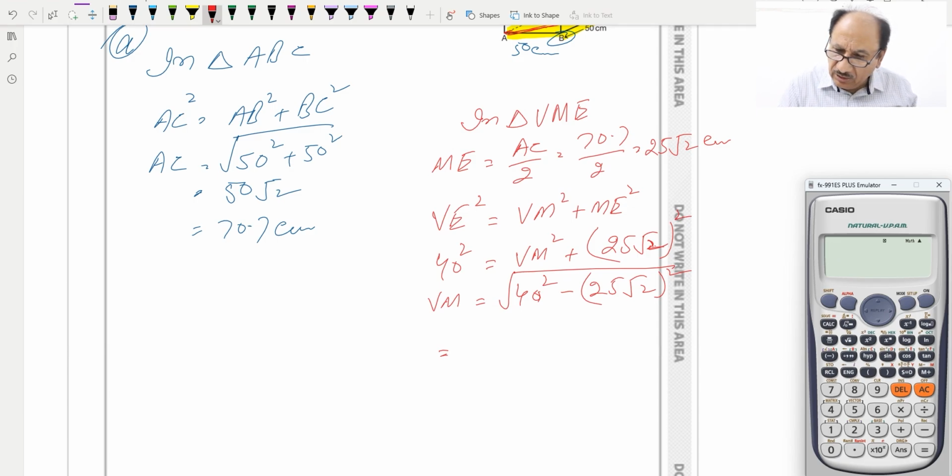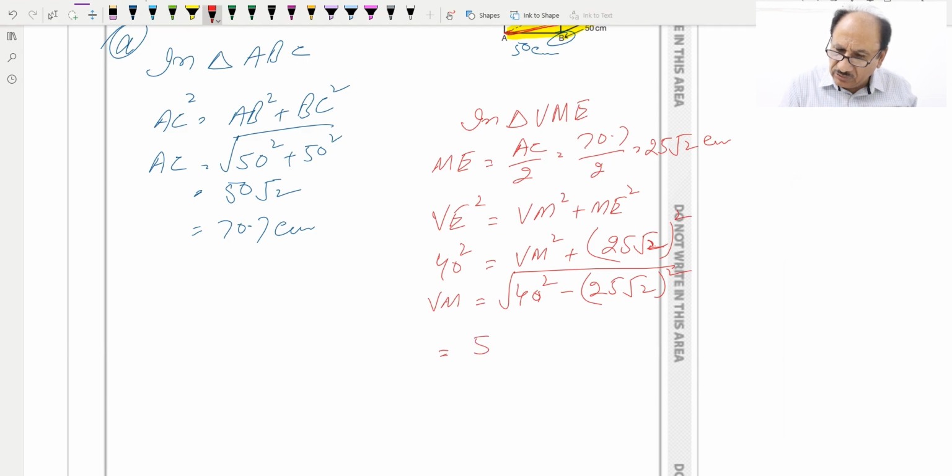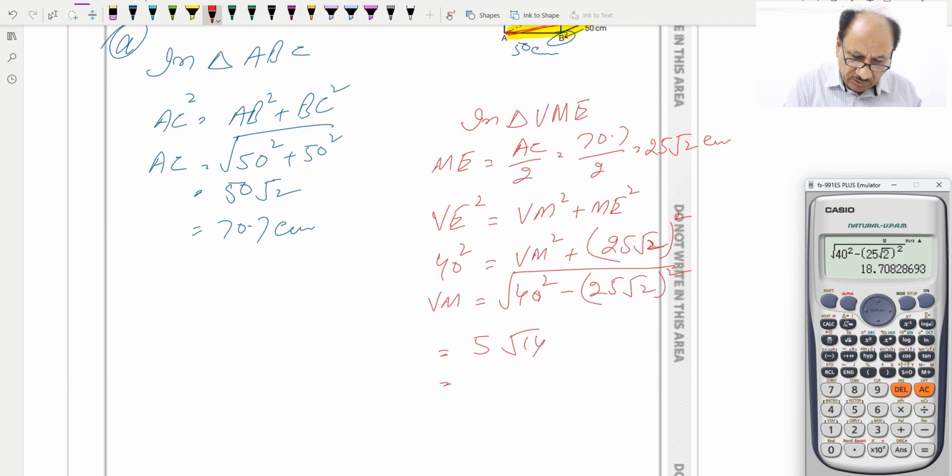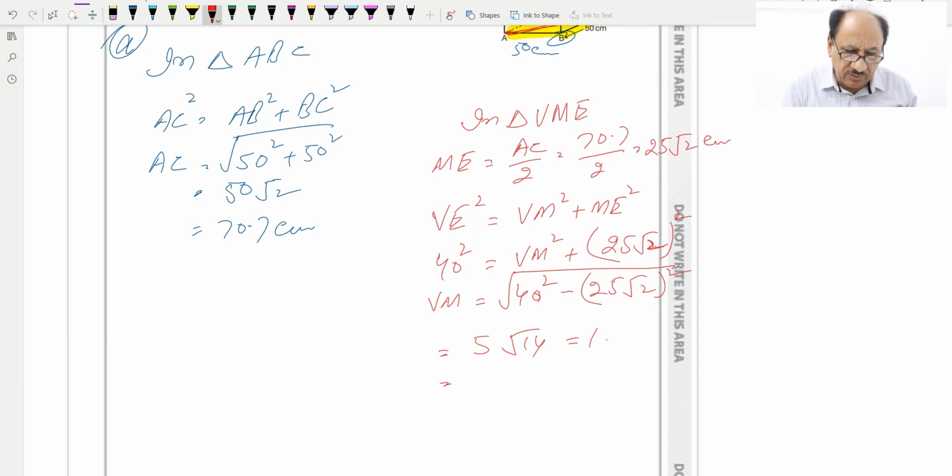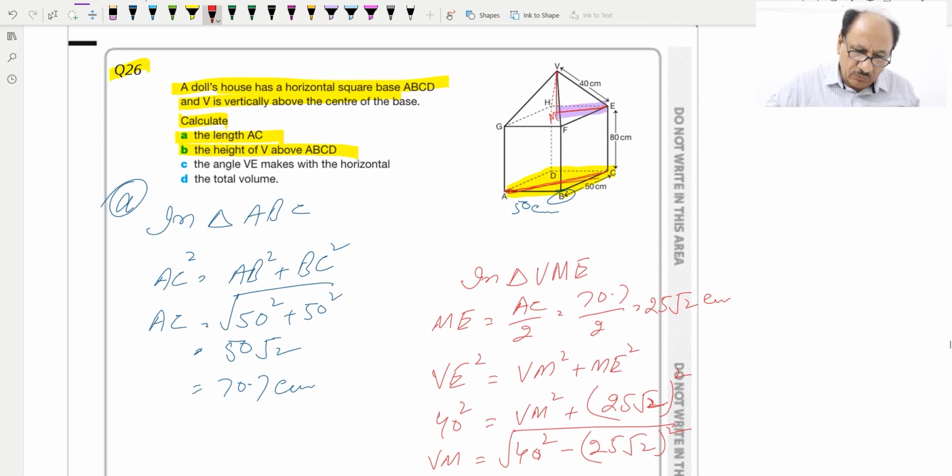So this will be under root of 40 square minus in brackets 25 square root of 2, squared, and this is equal to 5 under root 14. The decimal value is 18.7. Now the total height of V will be adding 80 also.